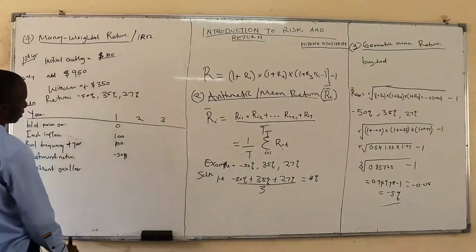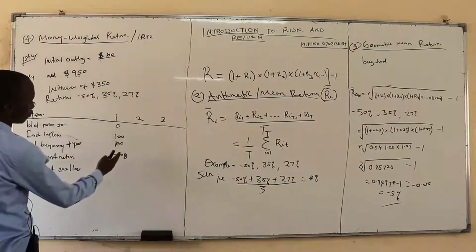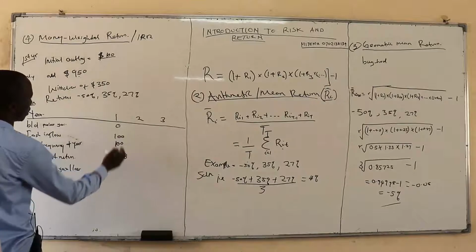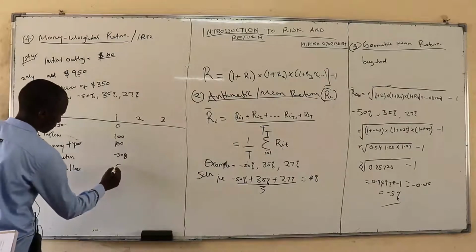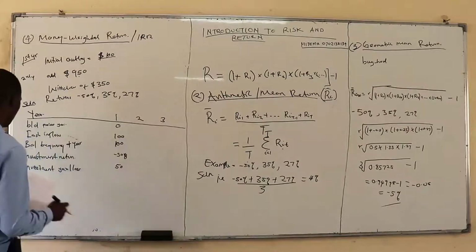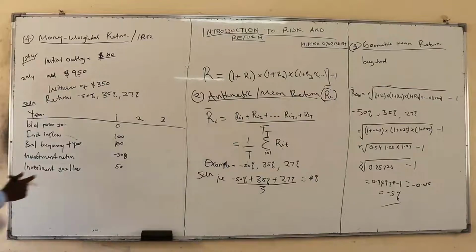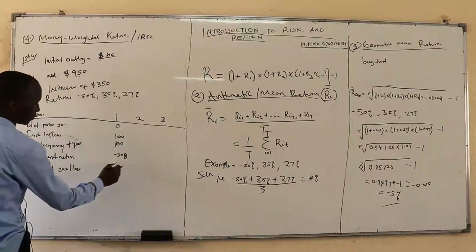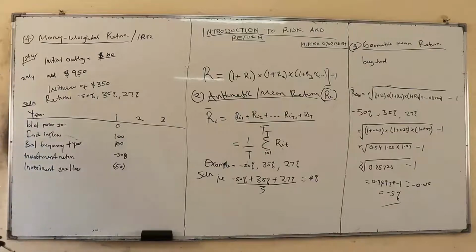You multiply the return by the initial outlay and you find it's 50. It's a loss, which in brackets denotes a loss.